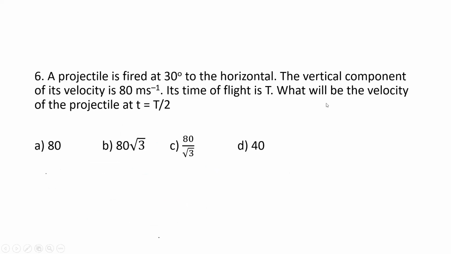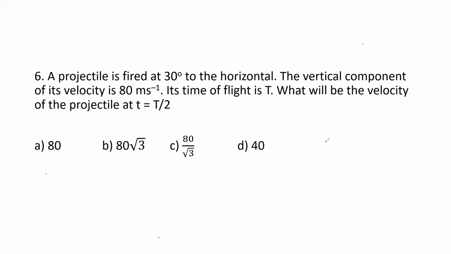Let us see the next question. A projectile is fired at an angle of 30 degree to the horizontal. The vertical component of its velocity is 80 meter per second. Its time of flight is t.